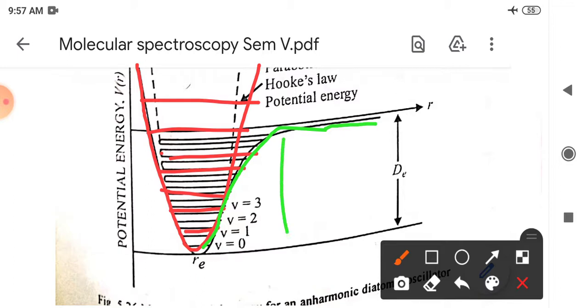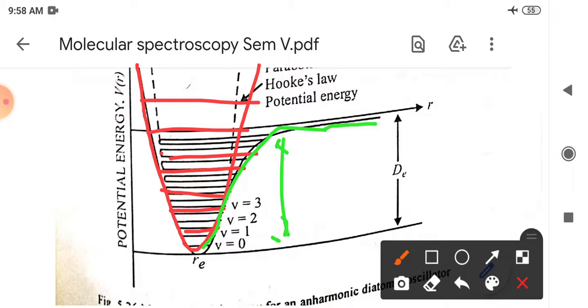And why is this so? Why is there a constancy in the potential energy, and why does the stretching of the bond become less stretchable at a particular value of the interatomic distance? That is due to the nature of the chemical bond, because a chemical bond will break at a particular value of energy.